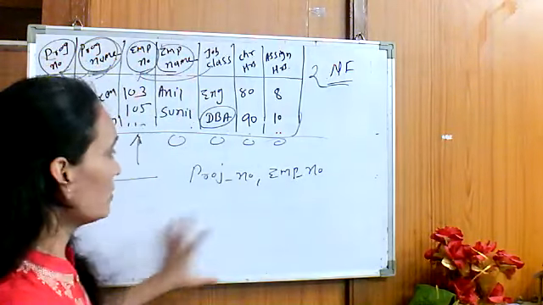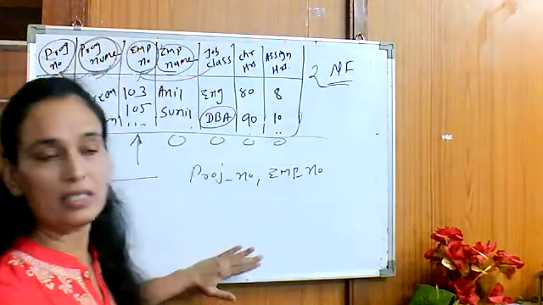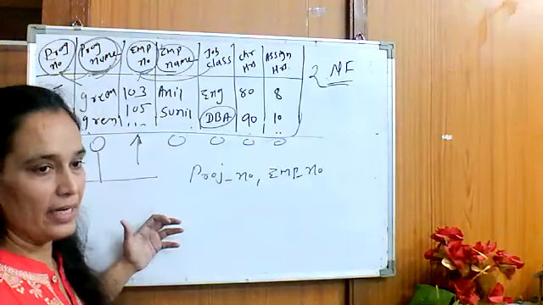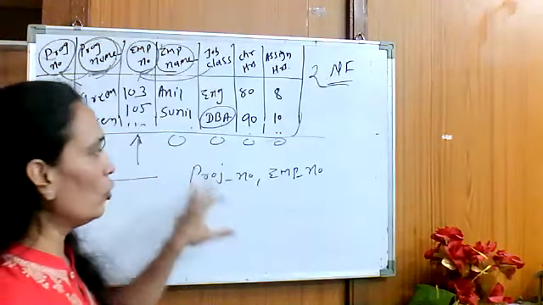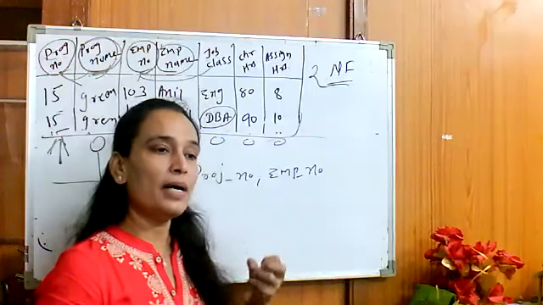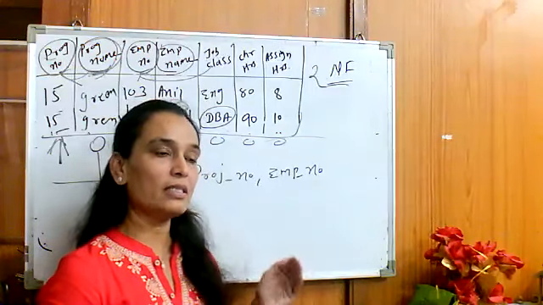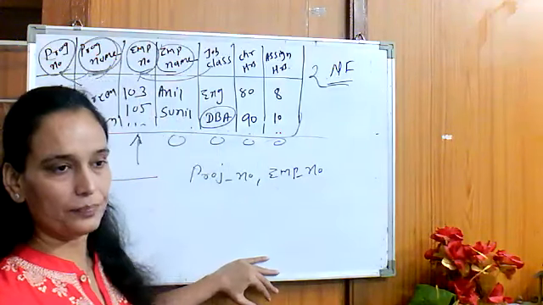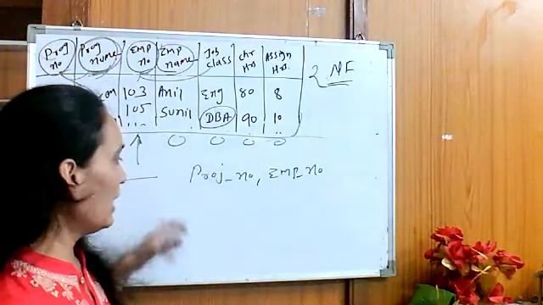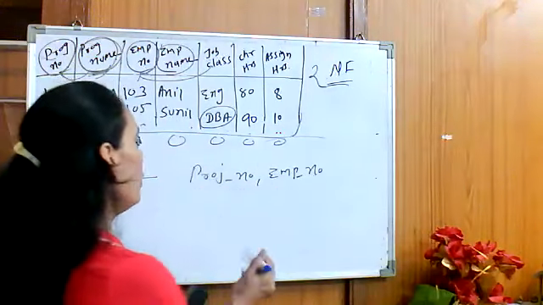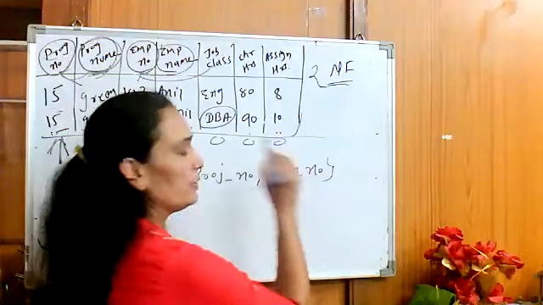So there is a functional dependency which is partial functional dependency. So we can say that this table is not in second normal form. This table is in first normal form, but not in second normal form because there is some partial dependency. Why does partial dependency exist? Because there is a composite primary key.